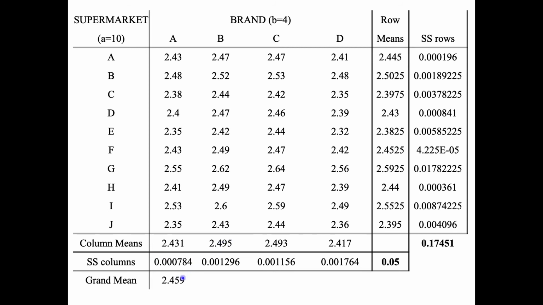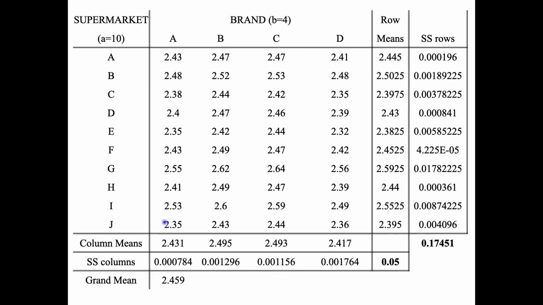Column mean minus grand mean squared, that's what this number is. Those then get weighted by the number of grocery stores, supermarkets, over which that mean was arrived at.